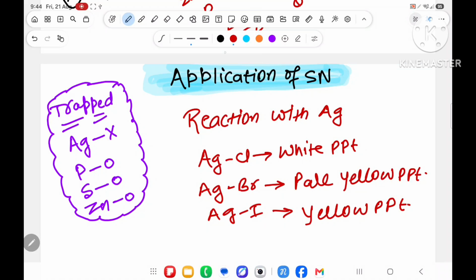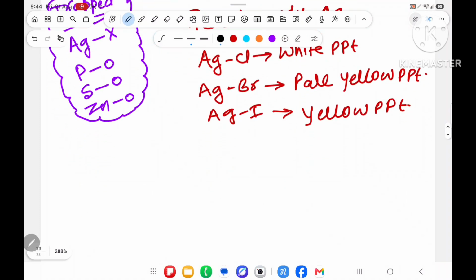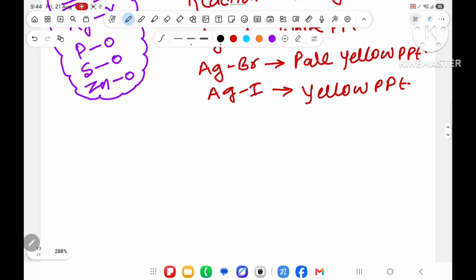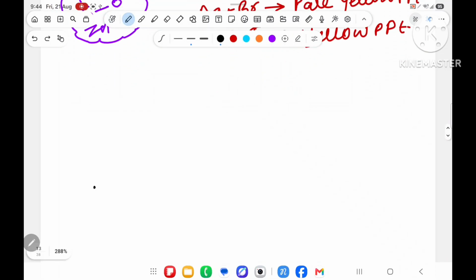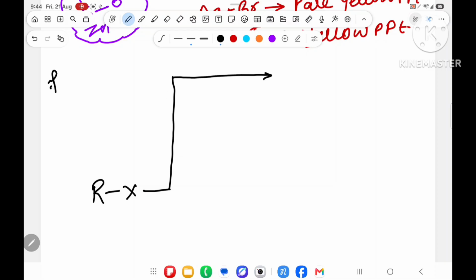Now we are going to start the application. In that application, I have taken RX over here, an alkyl halide, and that RX I am going to react line by line. This reaction is very important. I am writing a flow chart. Those who understand this flow chart, for them the reaction will be very easy.